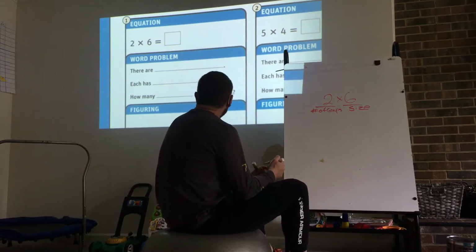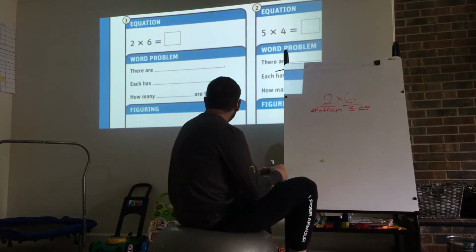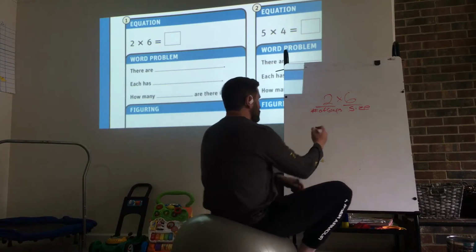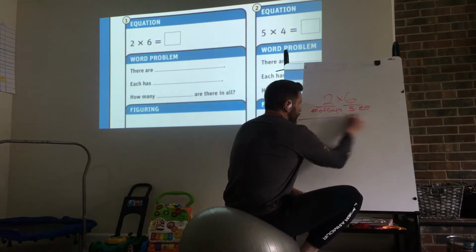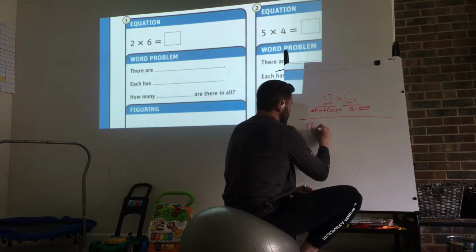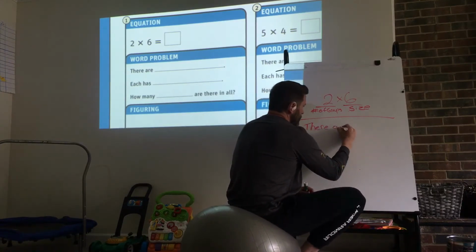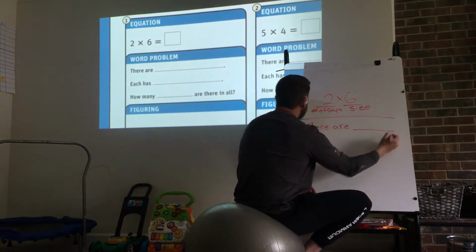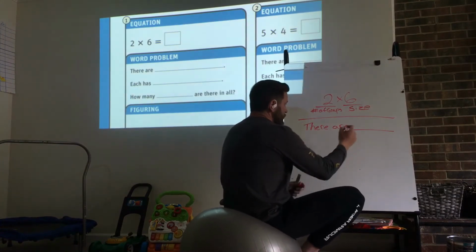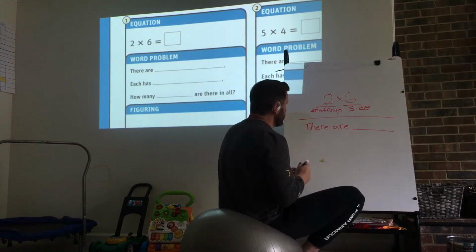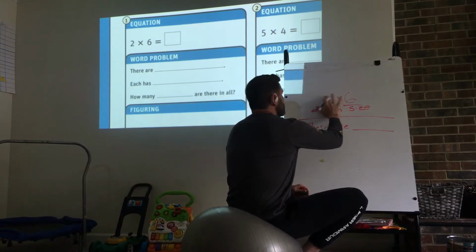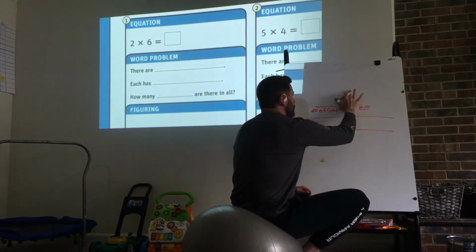Now we need to think in our mind, what are there 2 of 6? So the word problem is there are blank. Well, I know it's going to be 2, so I'm going to use 2 in green up here. That might be easier to track for parents and for students.